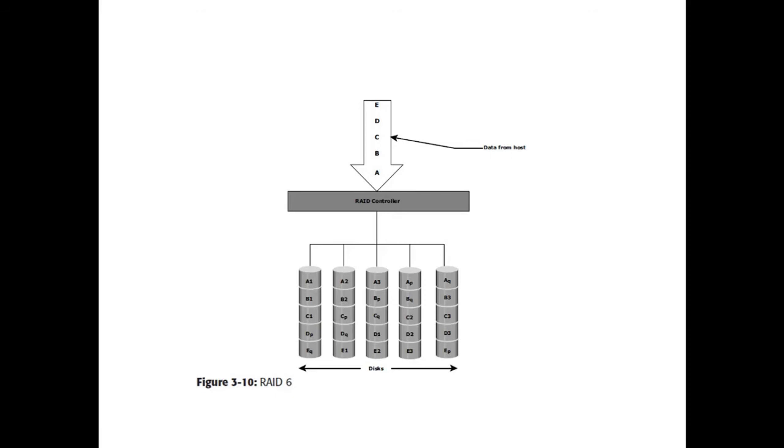Blocks of data come, the RAID controller will stripe the data and compute the parity information. We are talking about two different parity values in case of RAID 6, stored in a distributed manner. You can see this AP and AQ are two different parity values computed by the RAID controller and stored in different hard disk drives. That is your RAID 6 implementation.